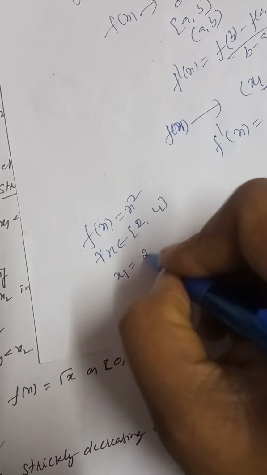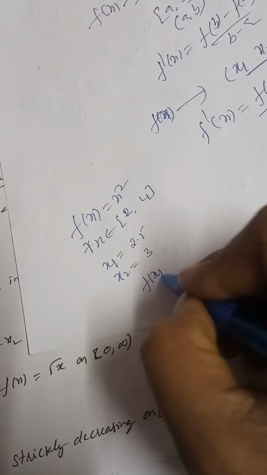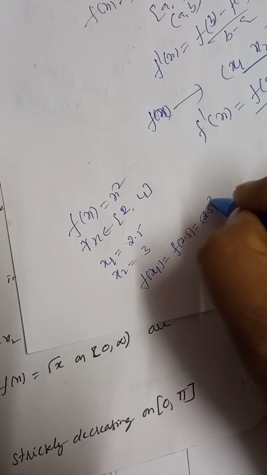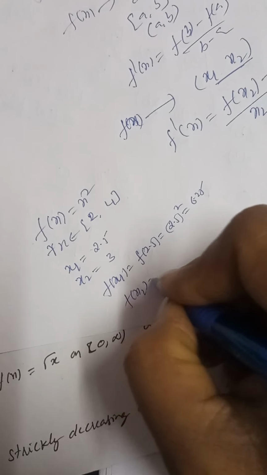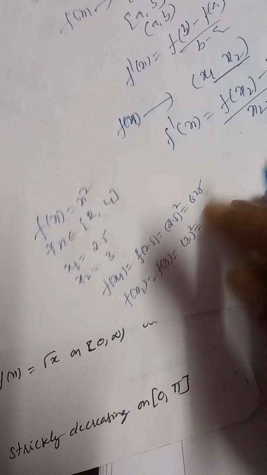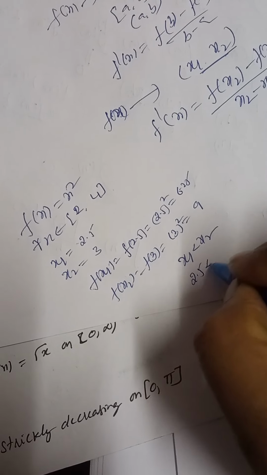Now choose two values, say x1 is equal to 2.5 and x2 is equal to 3. Now what is f(x1)? f(2.5) is equal to 2.5 whole square, which is 6.25. Now f(x2) is equal to f(3) is equal to 3 whole square is equal to 9. Here x1 is less than x2, no? That is 2.5 is less than 3.